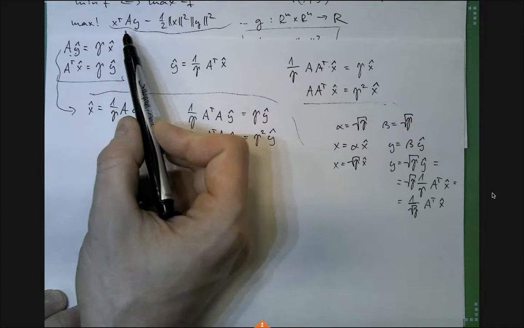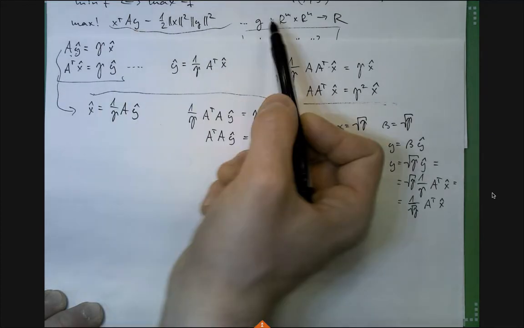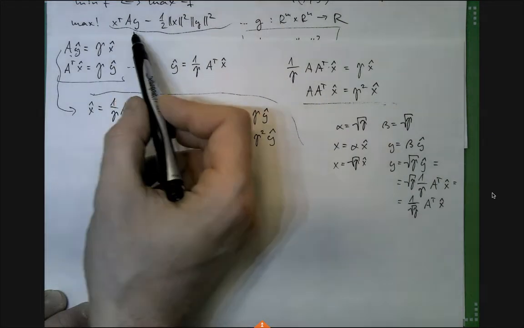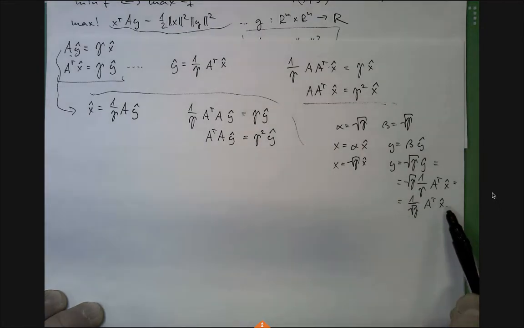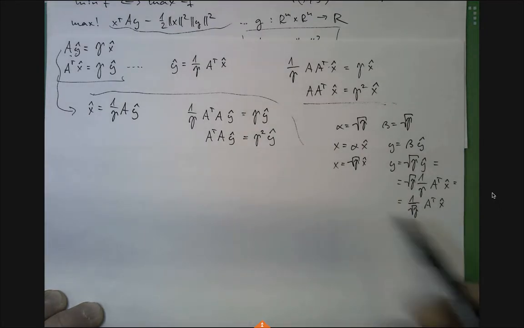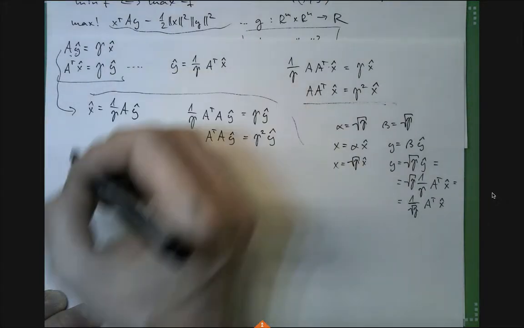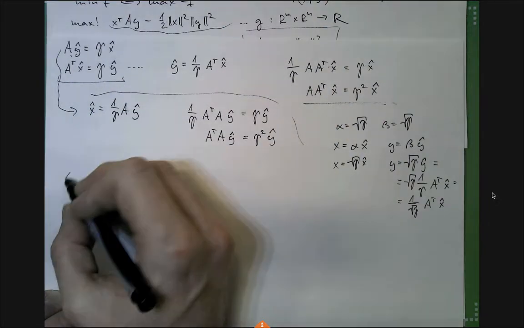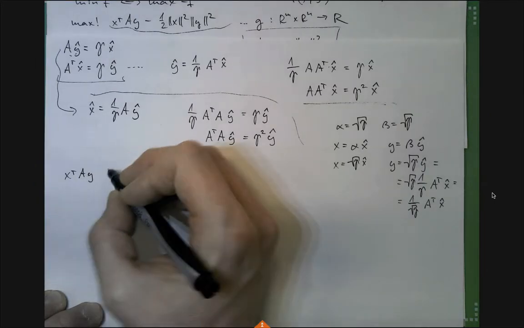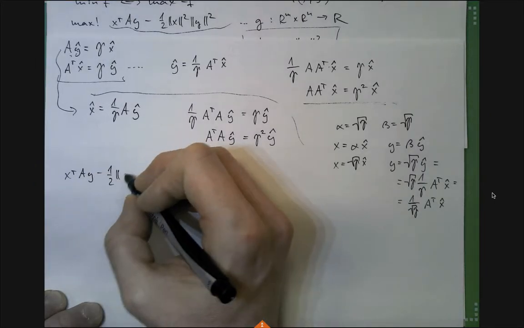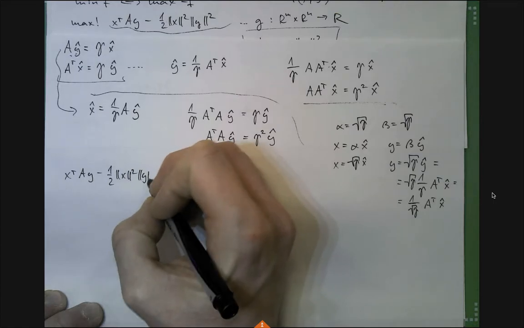What we need to do is to compute the actual value of the objective. So what is the objective for each of these x hats and gammas? If I just plug it in, my objective is x transpose A y minus 1/2 square norm of x square norm of y.